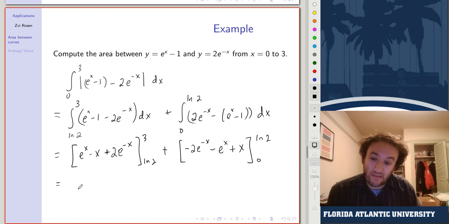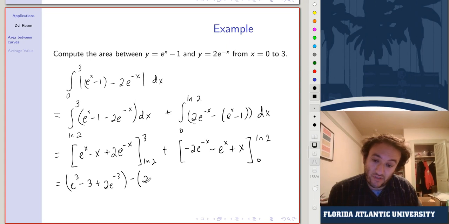And this gives us e cubed minus 3 plus 2e to the minus 3 minus e to the ln 2, which is 2, minus ln 2 plus 2e to the minus ln 2, which is a half.